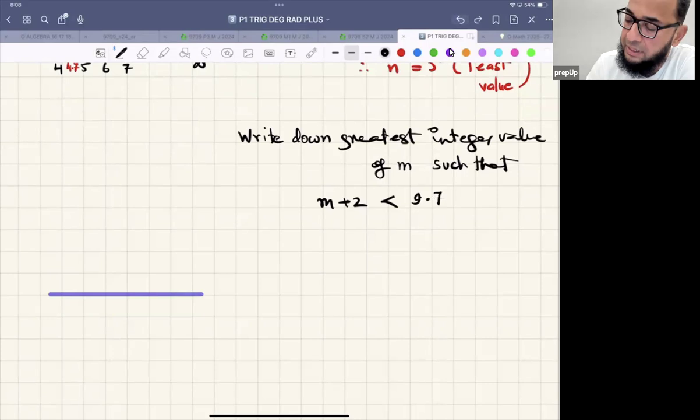Or let me make it even 9.01. Therefore, m is lesser than 7.01.